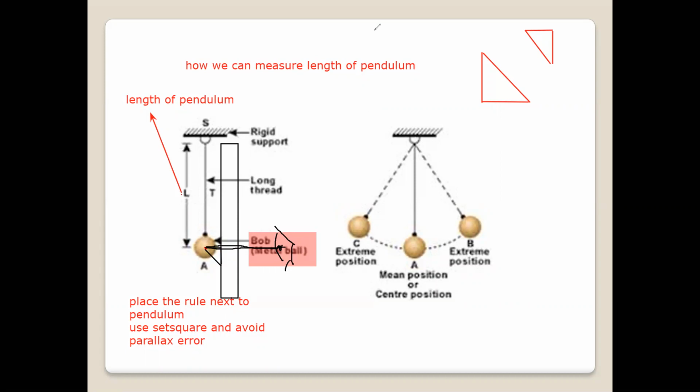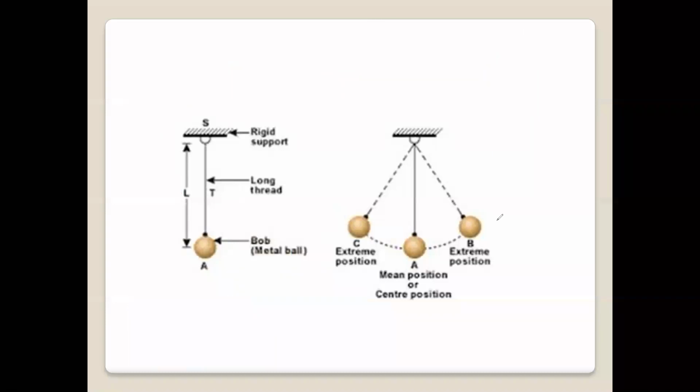How do we use the set square? Set squares are normally used as an aid to avoid parallax error. Basically, if I want to measure the length of this pendulum, I cannot place the ruler exactly next to it. The ruler should not touch this pendulum, so there should be a gap between the ruler and the pendulum. But if there is a gap, and I'm looking from here, it will not be accurate.